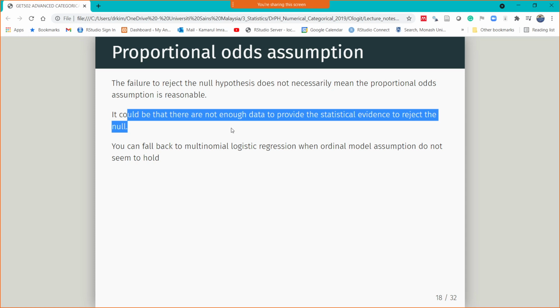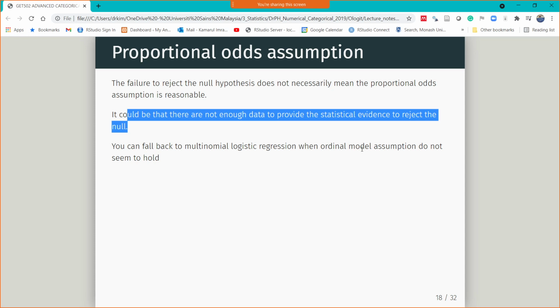That's number one. Okay, in the case where the proportional odds assumption is violated, it means that you got a p-value for the proportional odds test of less than 0.05. Let's say you set the level of significance at 0.05 and you get a p-value of 0.02.